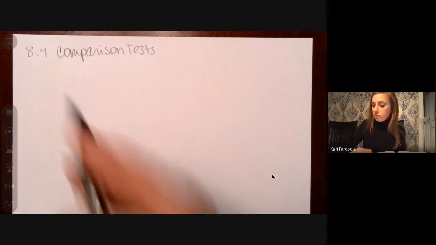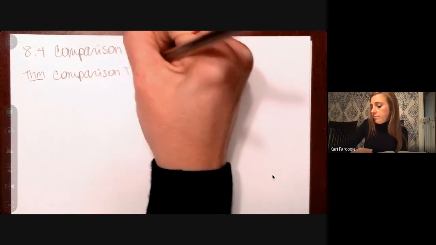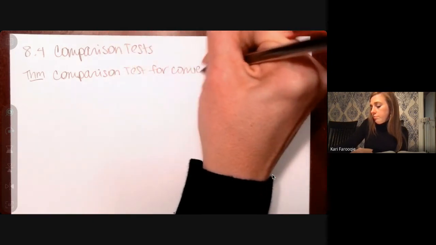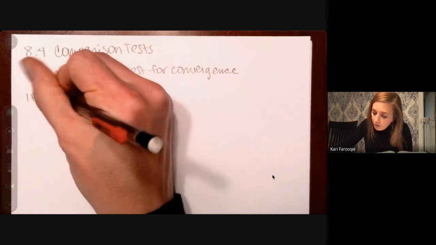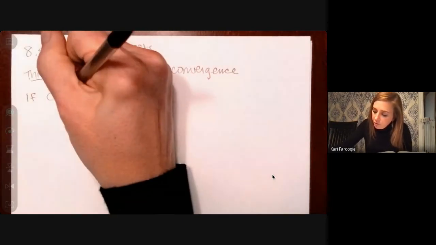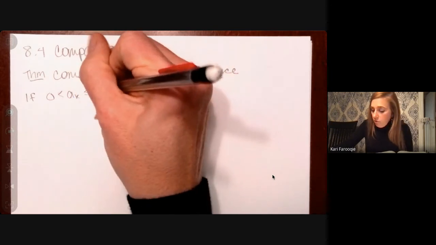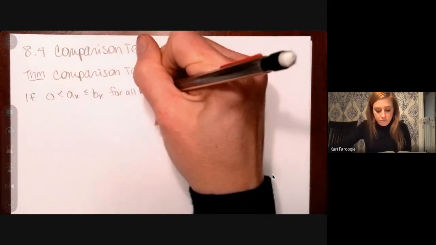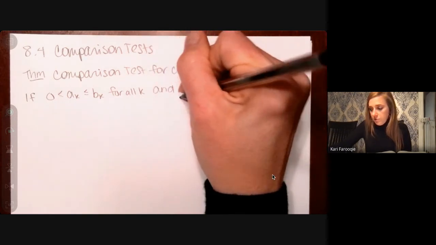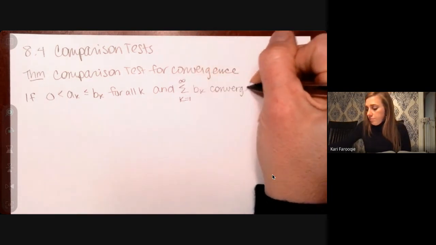Theorem, comparison tests for convergence. If, here's your condition, a sub k is strictly greater than 0 and less than or equal to b sub k for all k, and the series from k equals 1 to infinity of b sub k converges.